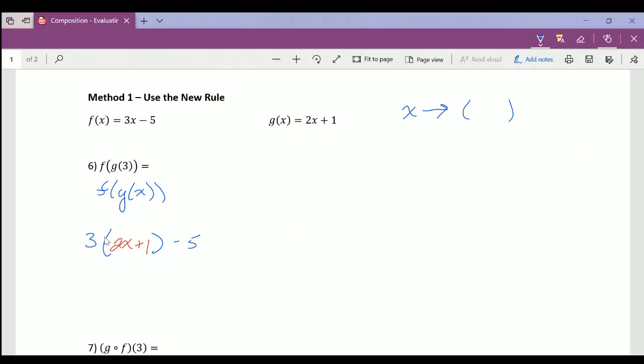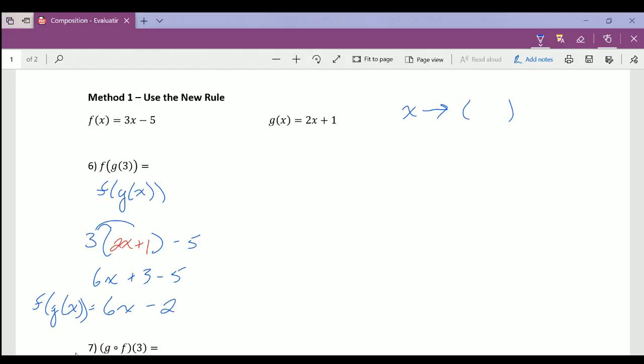And just like when we're creating a rule, we're going to distribute that 3. You'll have 6x plus 3 minus 5. And then finally, we will combine like terms: 6x minus 2, and that is f of g of x.